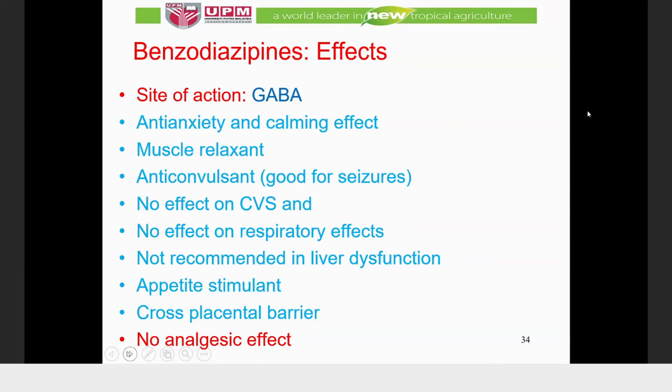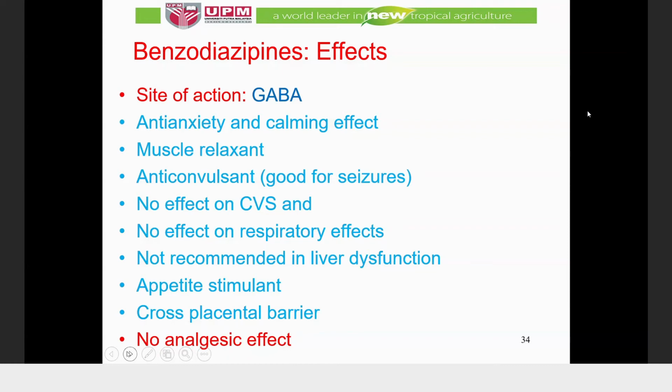So it will inhibit the processing of information, so everything will be slow or stop. That is the anti-anxiety and calming effect. You get my point? And then of course everything will go slow: muscle relaxation, anticonvulsant if the animal is having seizures. When you give this drug, the effect on the GABA receptor will stop the seizure.